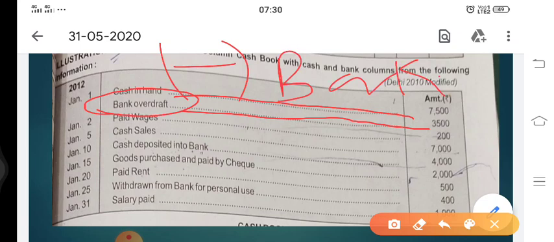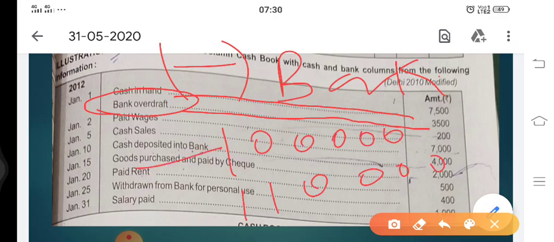For example, you had rupees 1 lakh in your account, but you issued a check of rupees 1 lakh 10,000. So 10,000 will be paid by the bank extra and that is the amount of overdraft.